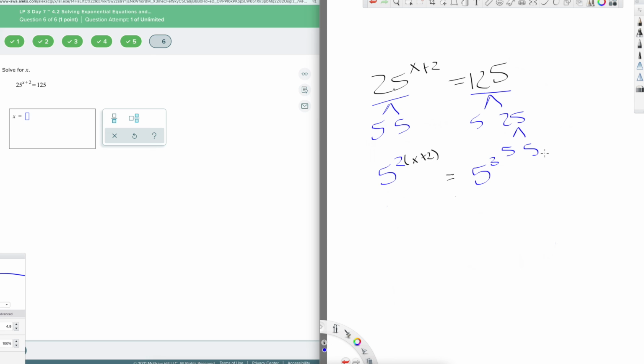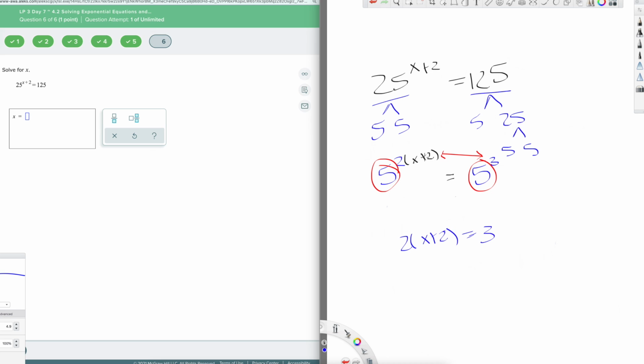So now I have the matching base here. So if I know they're equal to each other, I can say that these exponents are also equal to each other. I'm going to stop with the color coding just because it's a little time consuming.